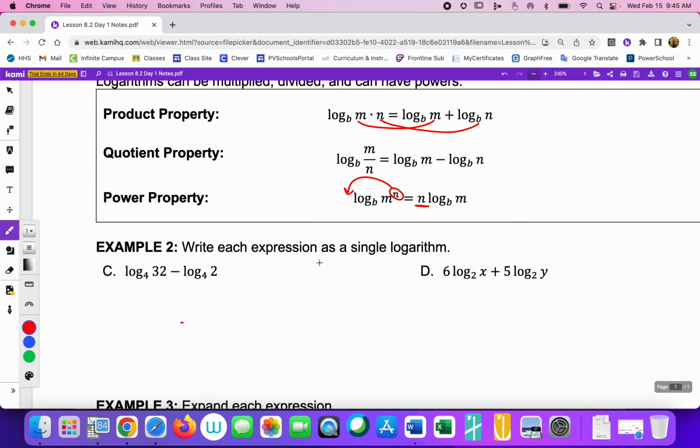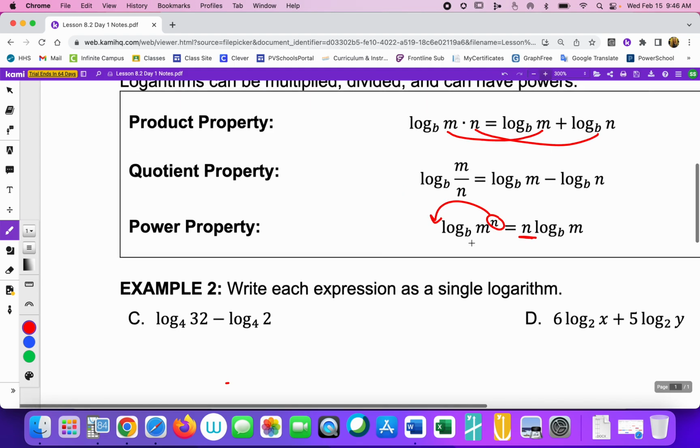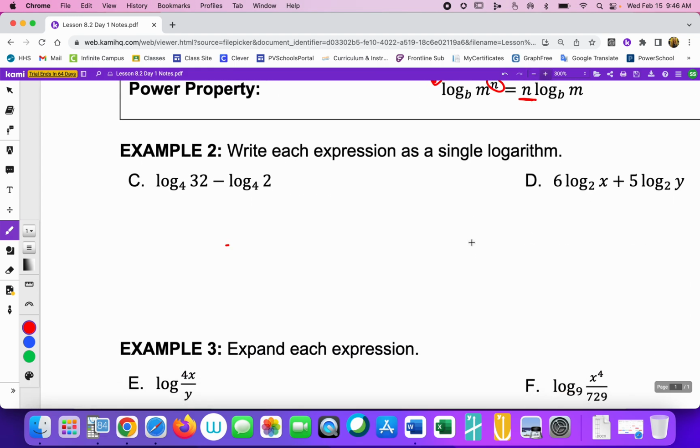When it says write each expression as a single logarithm, that is condensing it. So taking it from its expanded form and making it a single log instead of 2 in this case. It's currently subtraction, which means it's going to change to what? Division. So on C, we're going to change it to a single log of base 4, and it's going to be of a fraction because it's division.